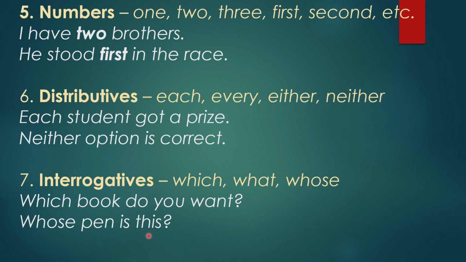So this is how these interrogative determiners ask to identify the noun, to know about the choices, preferences, identity, right? So these are all the types of determiners.